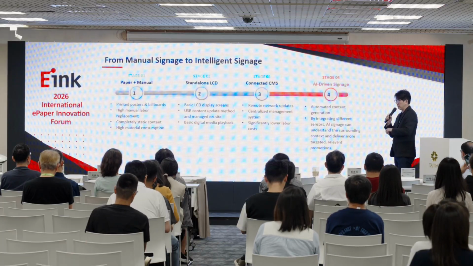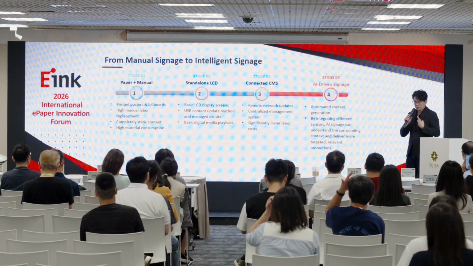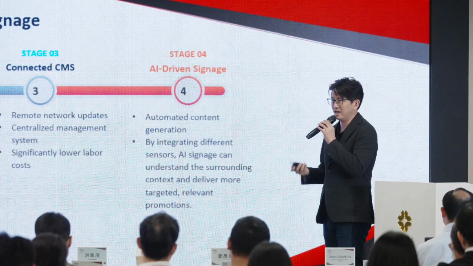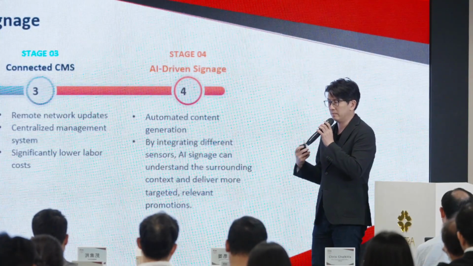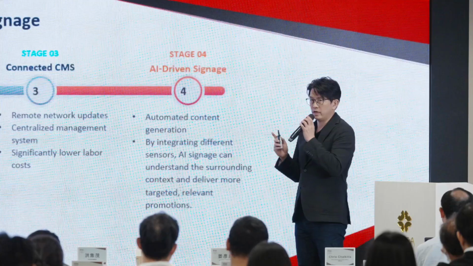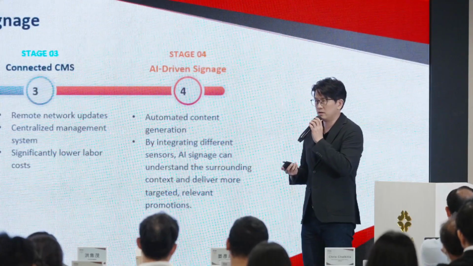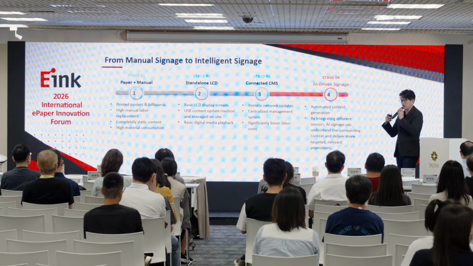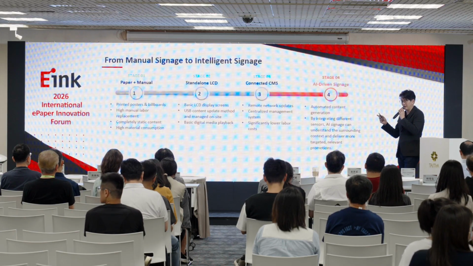Now you have AI. In the CMS stage, the data was changed or cleaned by humans. But right now, AI can analyze or give you a suggestion by its algorithm.